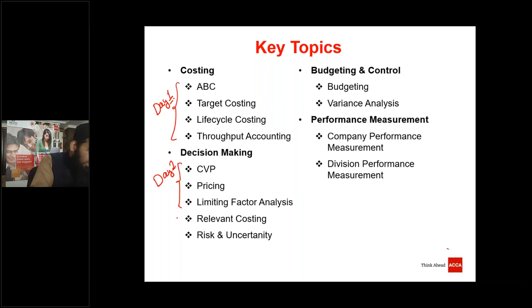On day 3, I will be covering relevant costing and risk and uncertainty. On day 4, I will be covering budgeting and control. And finally, my performance measurement section will be day 5.